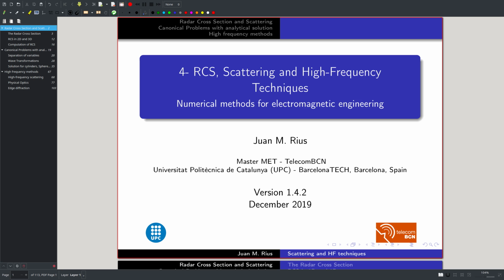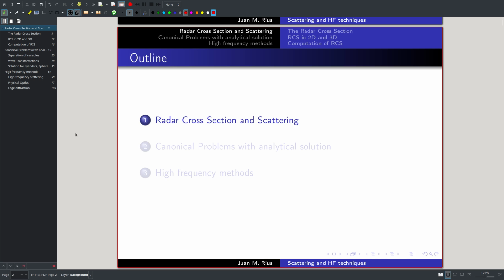And then we have approximations that are valid in these cases, where the object is very large compared to the wavelength. So these are the three parts that I mentioned: the radar cross-section part, the solution of canonical problems, analytical solution, and then high-frequency approximation.